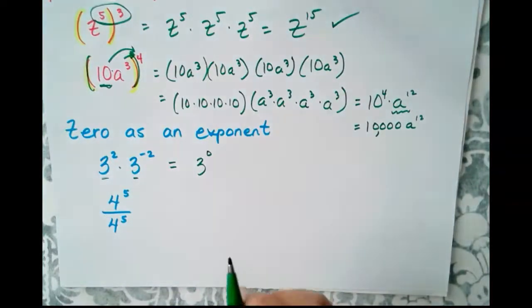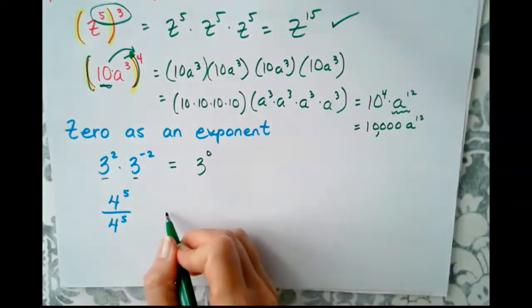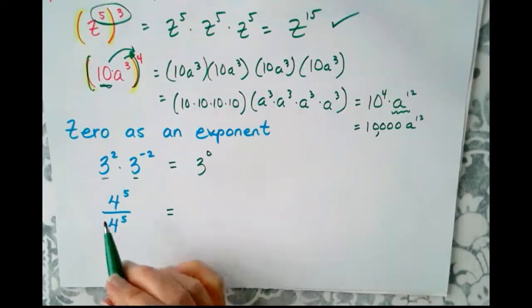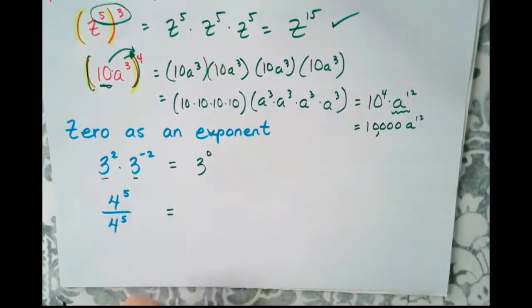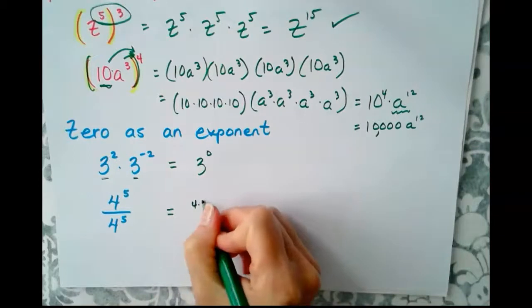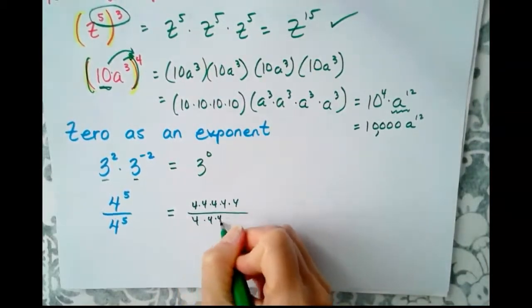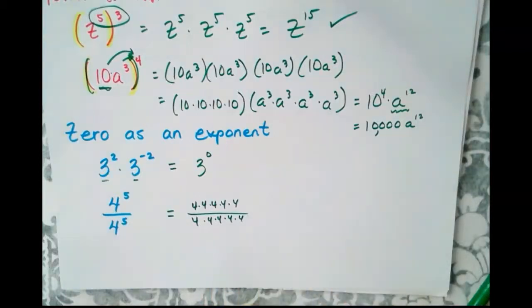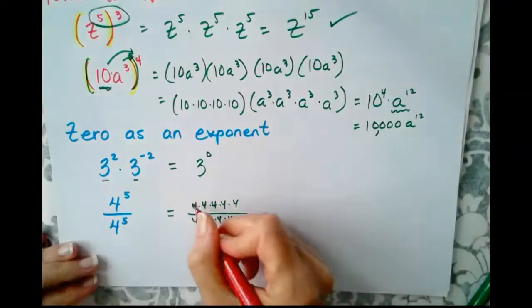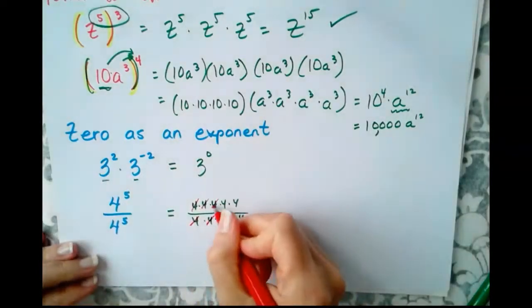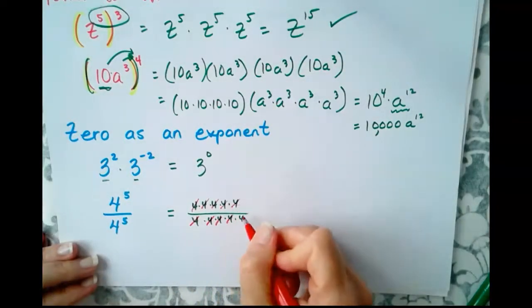What does that mean? Well, let's take a look at something that maybe we're a little more familiar with. 4 to the fifth over 4 to the fifth, which means 4 times 4 times 4 times 4 times 4 over 4 times 4 times 4 times 4 times 4. And if we think of this in terms of reducing a fraction here, cancel, cancel, cancel, cancel, cancel, cancel.